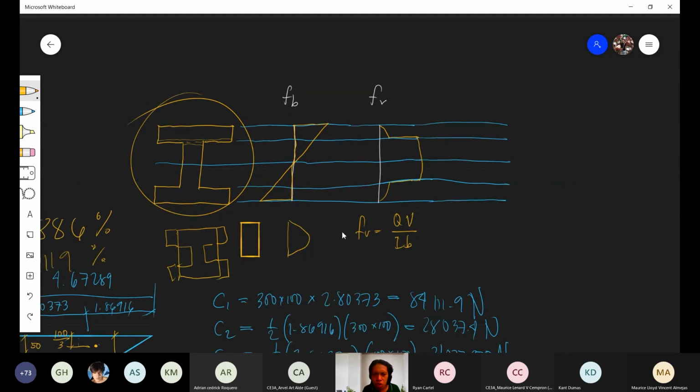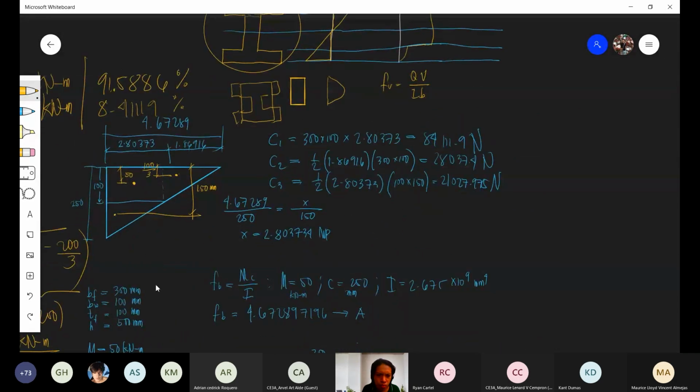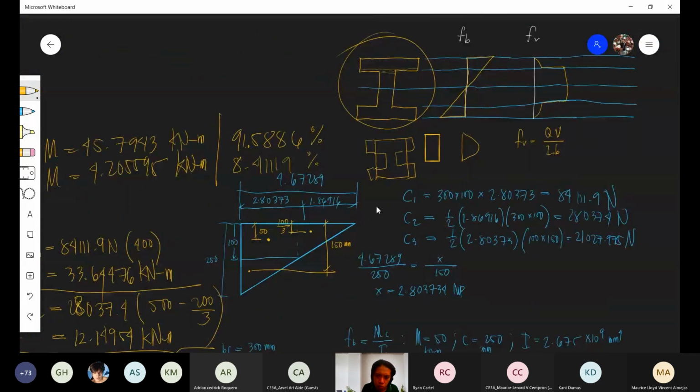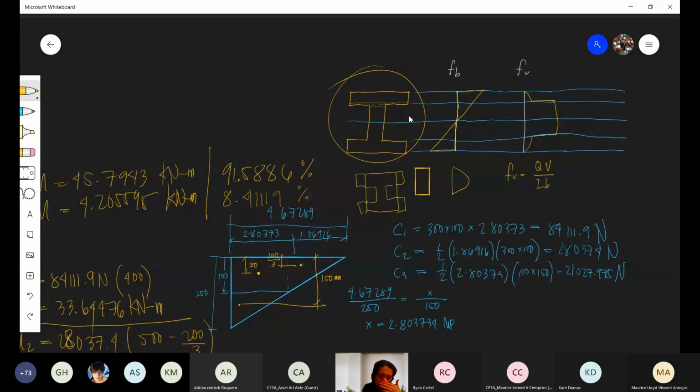But of course, you also have to study different types of beam. Aside from the optimum situation, there is the most economical section and the most efficient section.